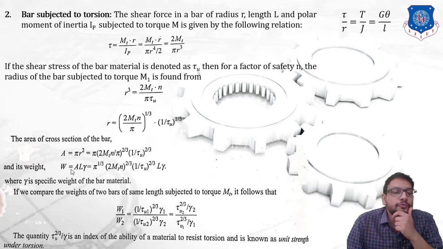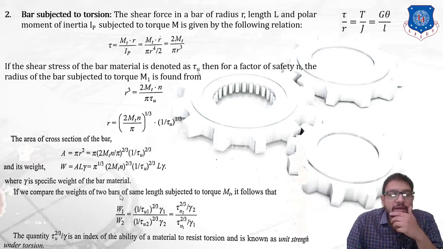Now what will be its weight? We know the formula of weight: it is equal to A L gamma, where gamma is the specific weight. We have found the area, length L and gamma. Substituting all these values we get the final equation: pi raised to 1 by 3, in a bracket 2 Mt n raised to 2 by 3, in a bracket 1 upon tau u raised to 2 by 3, into L gamma.